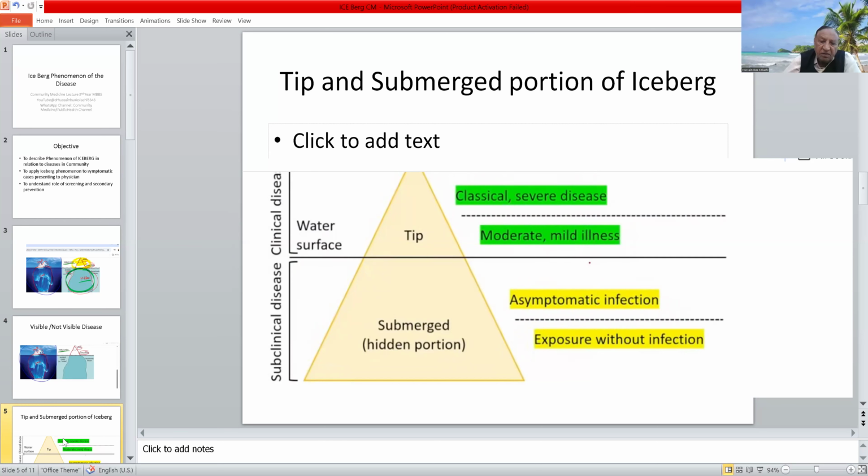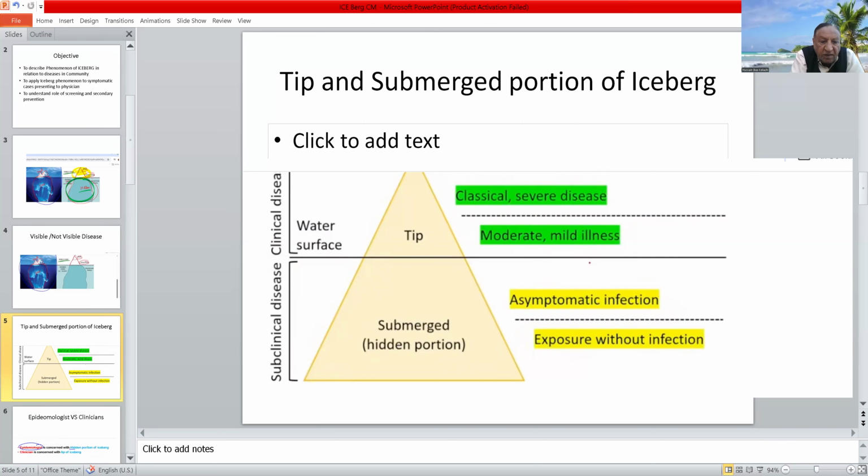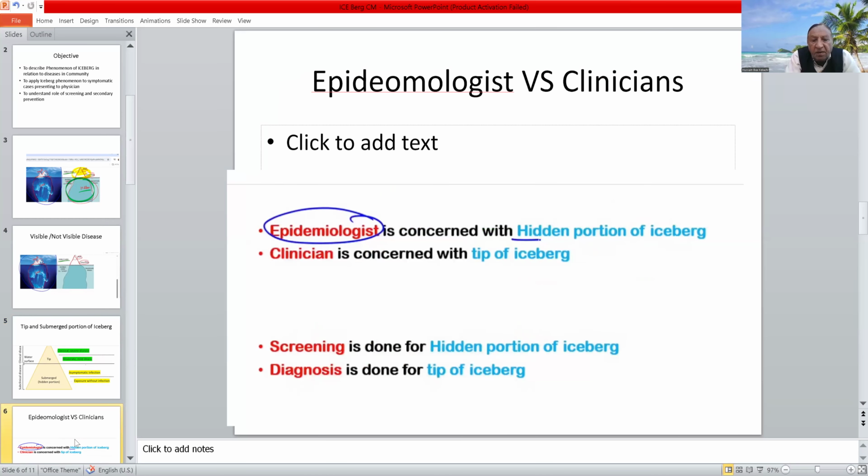The clinician will see the tip of the iceberg, and the hidden portion will be seen by the epidemiologist.